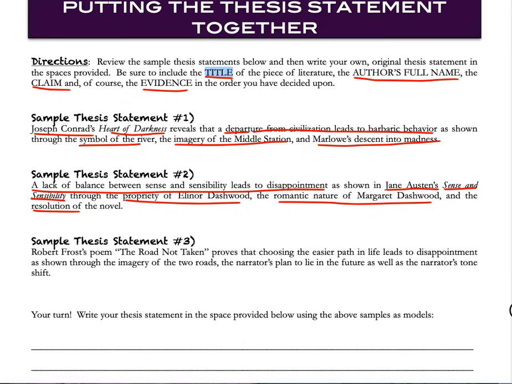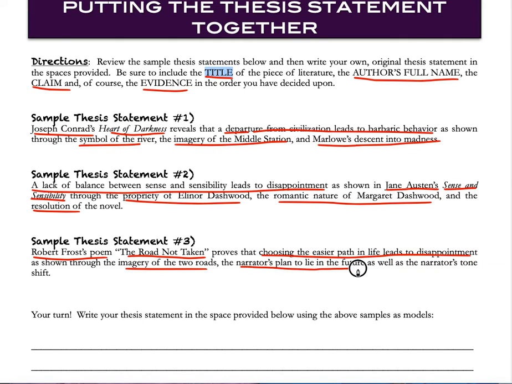And sample thesis statement number 3. Robert Frost's poem, The Road Not Taken, so again, leading off with our author and our text, proves that choosing the easier path in life leads to disappointment. We have our claim. As shown through the imagery of the 2 roads, evidence 1, the narrator's plan to lie in the future, as well as the narrator's tone shift.